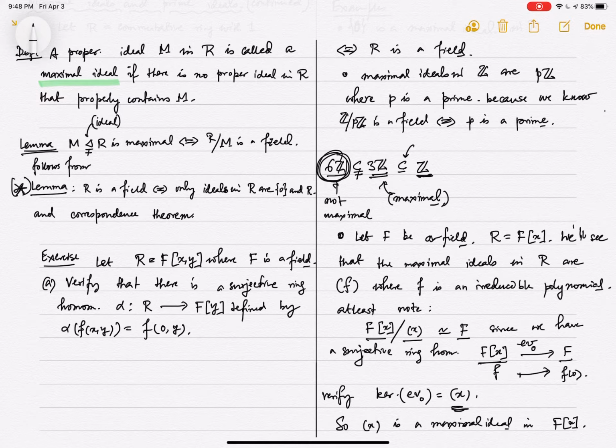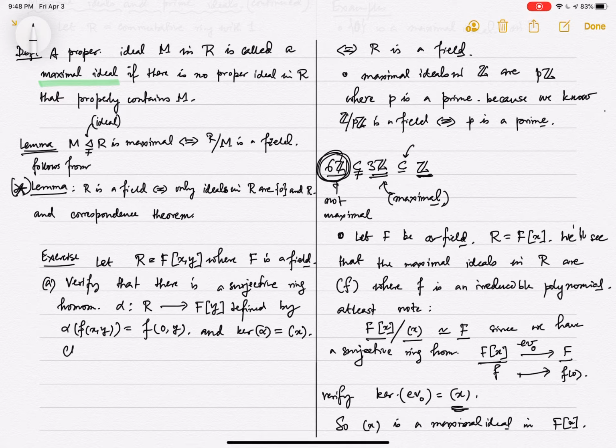So I don't evaluate both variables, I just evaluate the x variable at 0, and then I get a polynomial in one variable. And check that the kernel of this guy is all multiples of x.